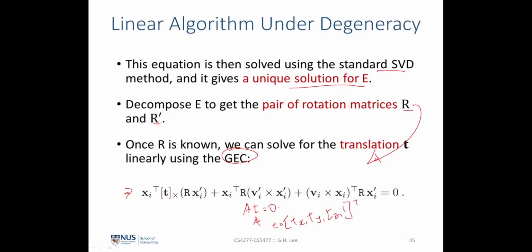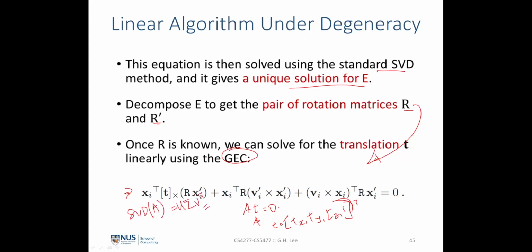Then we can solve for this t without any ambiguity by enforcing the constraint that the last element is 1. This can be simply solved as the SVD of A, which is equal to U sigma V transpose.